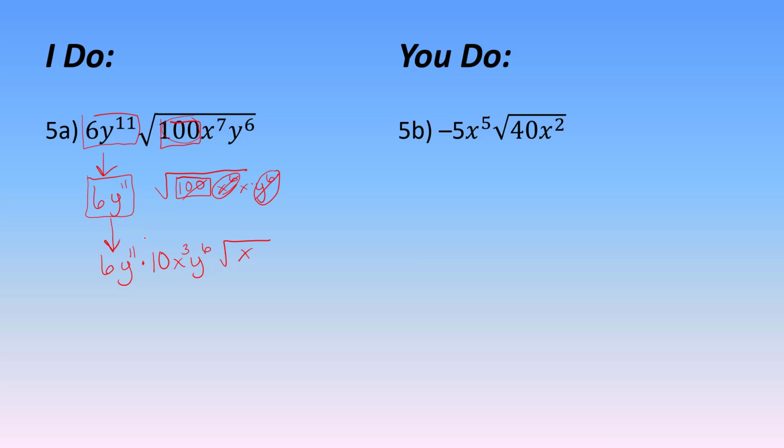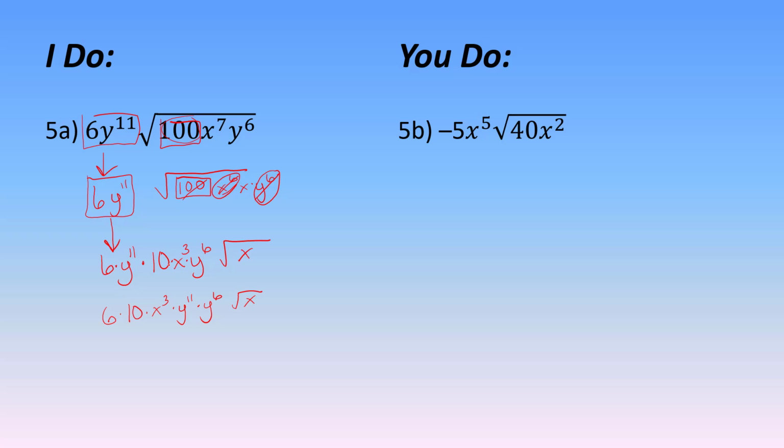Now you are welcome to, if you need to, rearrange the order of these because this is 6 times y, 10 times x times y. So I could certainly say 6 times 10 times x cubed times y to the 11th times y to the 6th, if it makes more sense for my coefficients to be next to each other and my variables to be next to each other as their like bases.